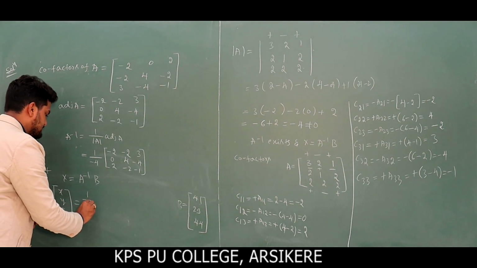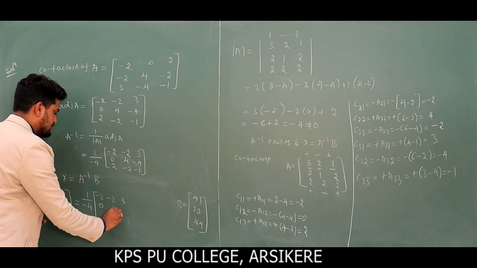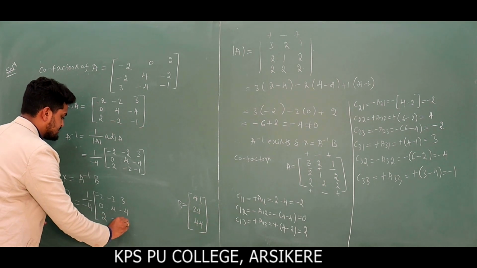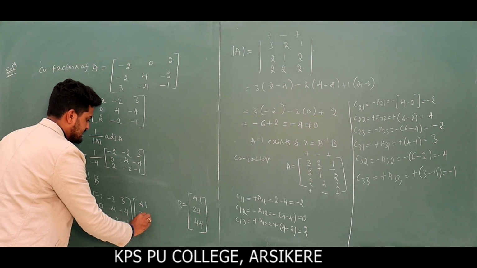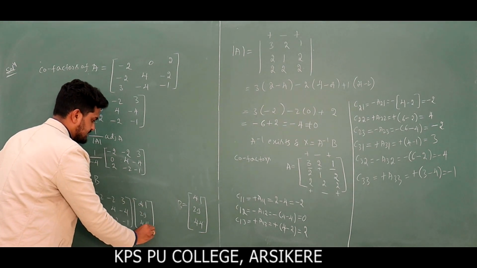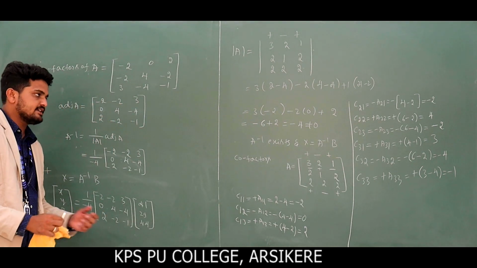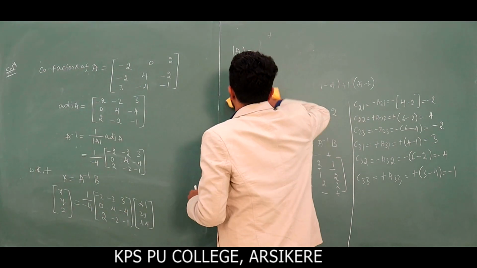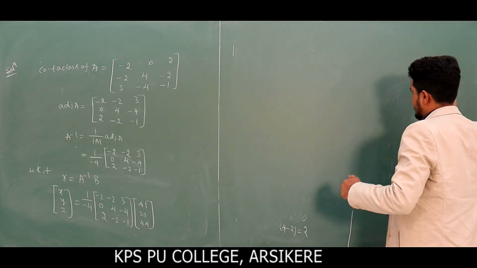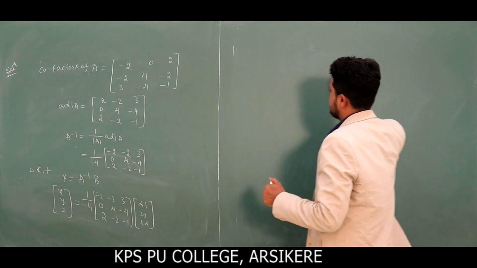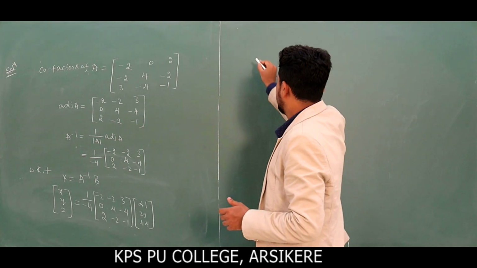So 1 divided by minus 4 into the matrix minus 2, 3, 0, 4, minus 4, 2, minus 2, minus 1, and again the B value: 41, 29, 44. Okay. So first multiplying the 2 matrices.